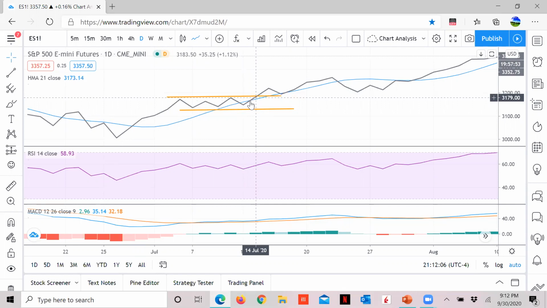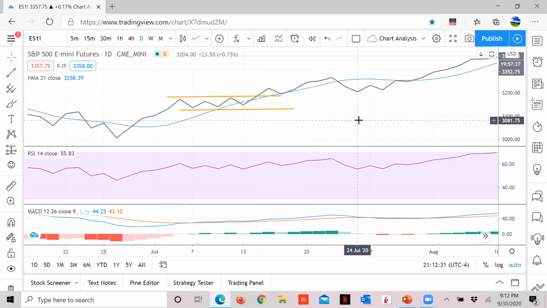When it did the breach, it was here at 3188 and jumped to 3217. Whenever it does that breach, or if it breaches below the support level, that's a buy or a sell signal. So it's a pretty good trading opportunity there.